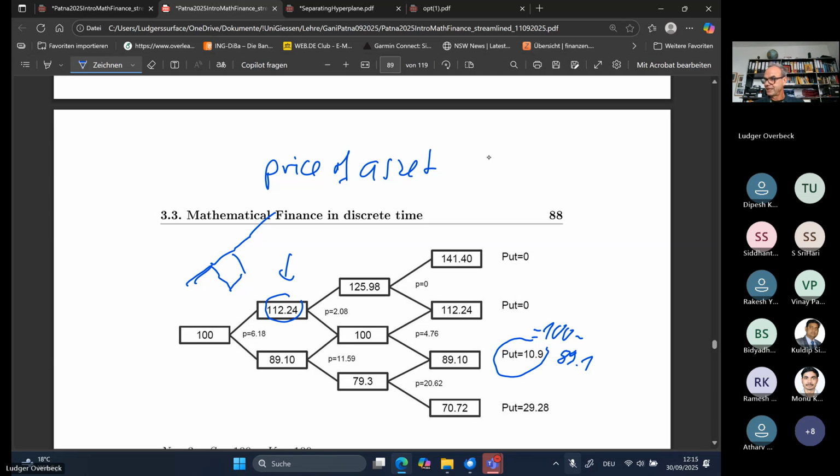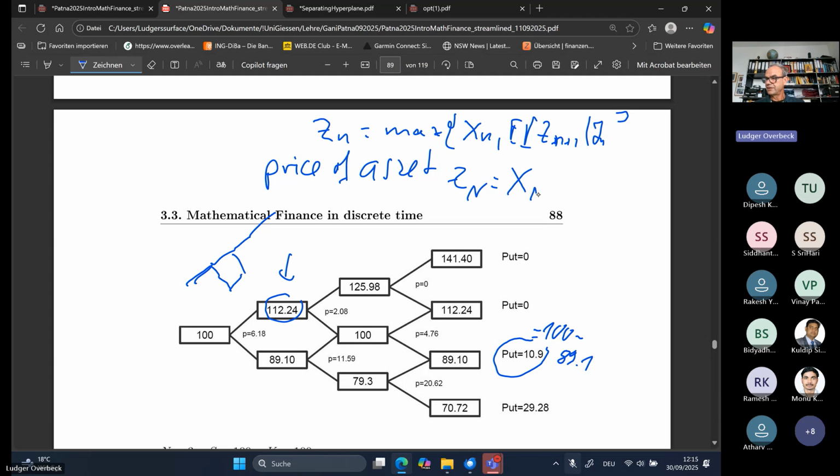So your Snell envelope Zn was defined as the maximum of your payout Xn and your expectation of Zn plus 1 given Fn. And Zn equals Xn at the end.